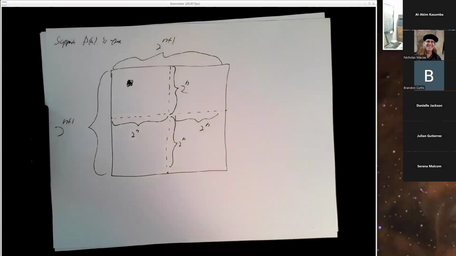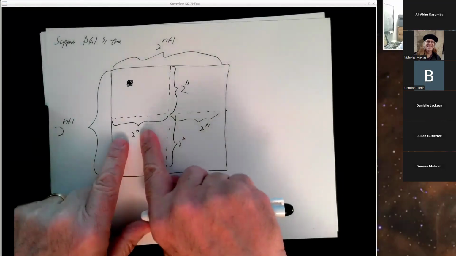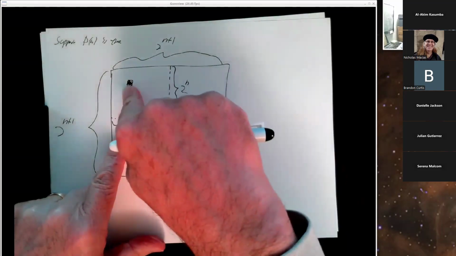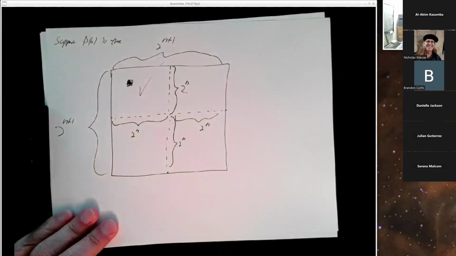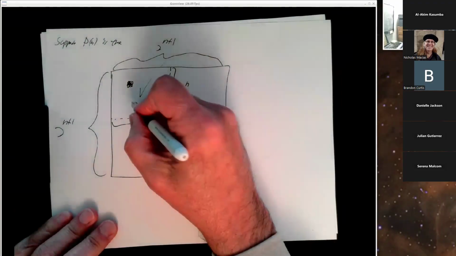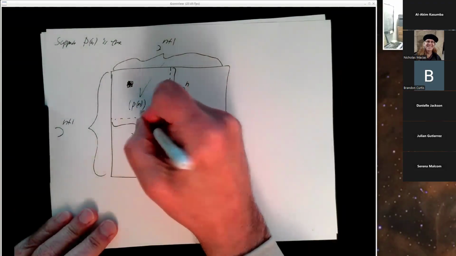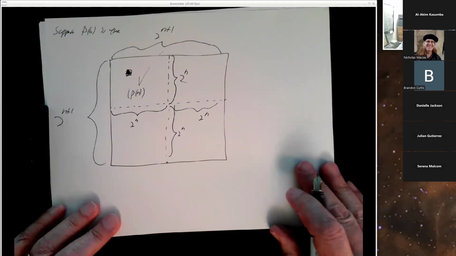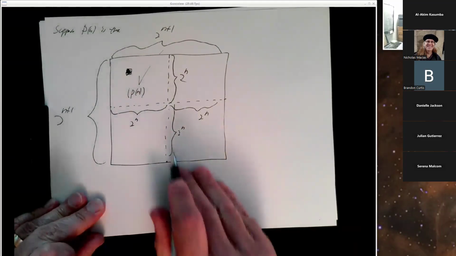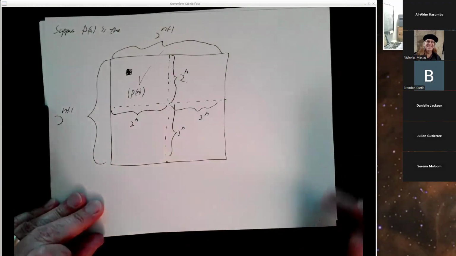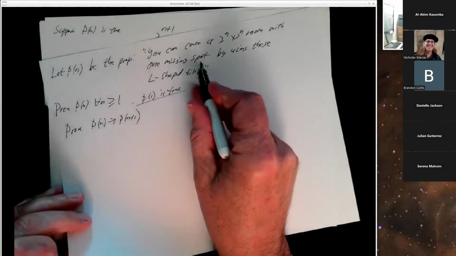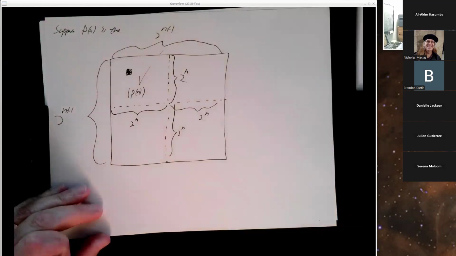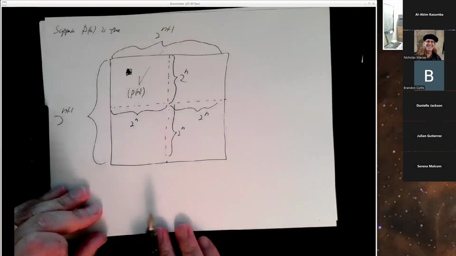Yeah, because P of n is true, and P of n says if I have a 2 to the n by 2 to the n room with one missing square, I can tile it. So I got that quadrant covered, and that's because of P of n. Now, does P of n apply to these other quadrants? No, right? P of n only works if I have one missing spot, and I don't have any missing spots in here.